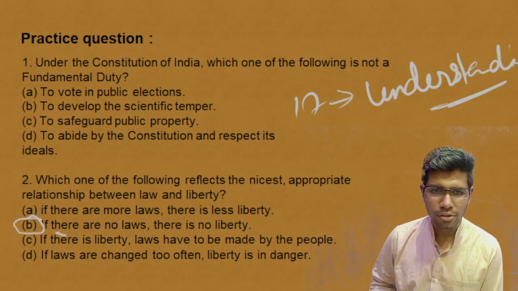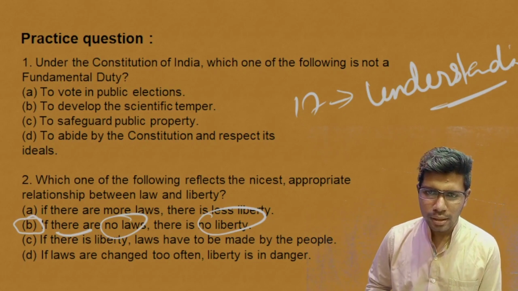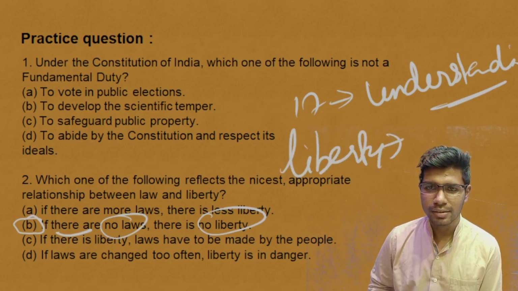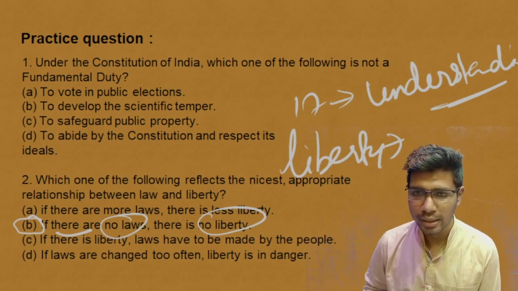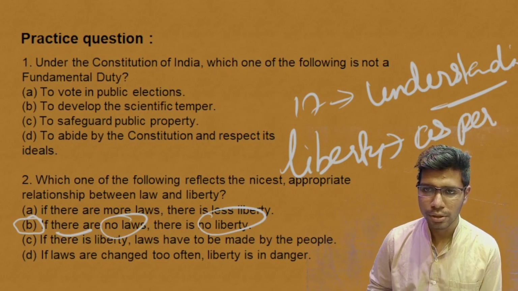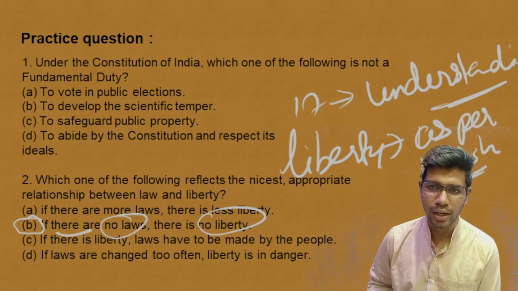Option B is saying that when there are no laws, there is no liberty. Let's try to understand this. Basically, what is liberty? Liberty is that power that allows you to do as per your wish. Now imagine if I have absolute liberty.